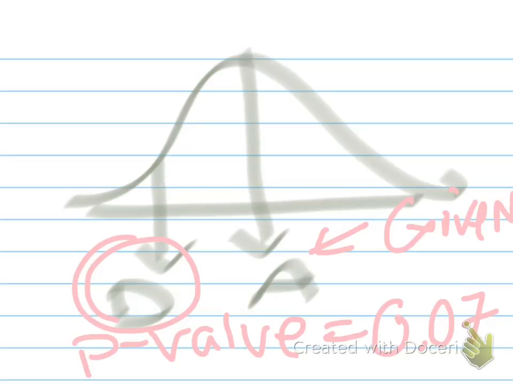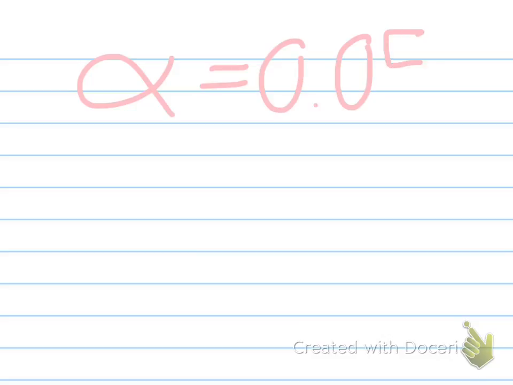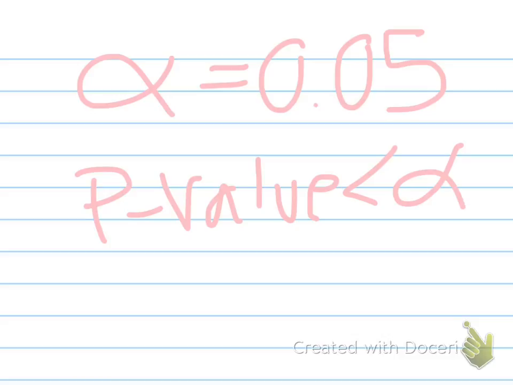Now we say it's just chance variation. You can't say I was wrong. Why? Because my alpha is equal to 0.05. And in order to say your claim is wrong, the p-value has to be less than alpha.